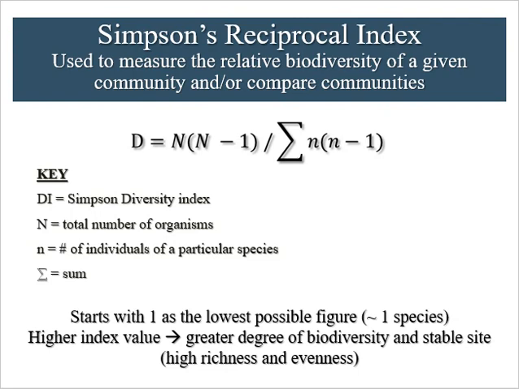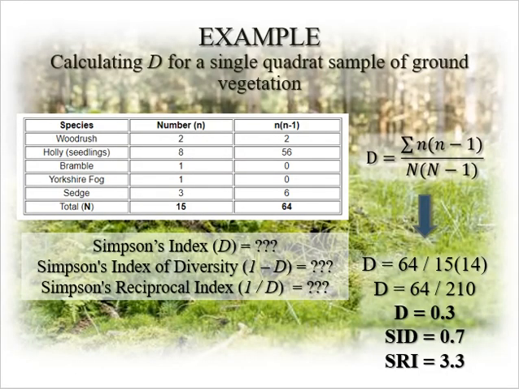All right, so let's do an example. In this example, we'll work out the value of D, so our Simpson's index value, for a single quadrat sample of ground vegetation in a woodland environment.